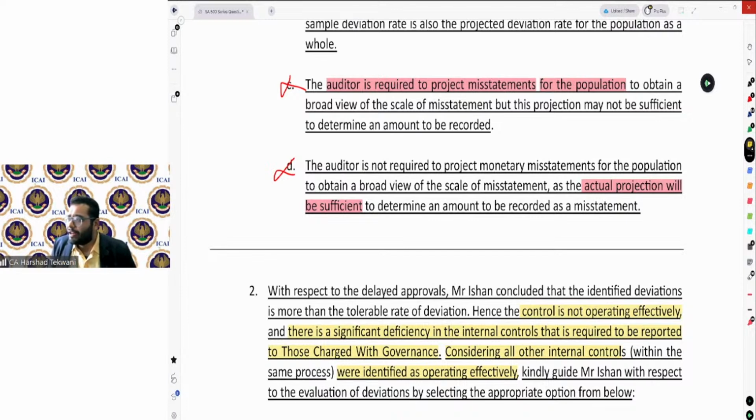What do we mean by deficiency in internal control? Come on, guys. What is the deviation?